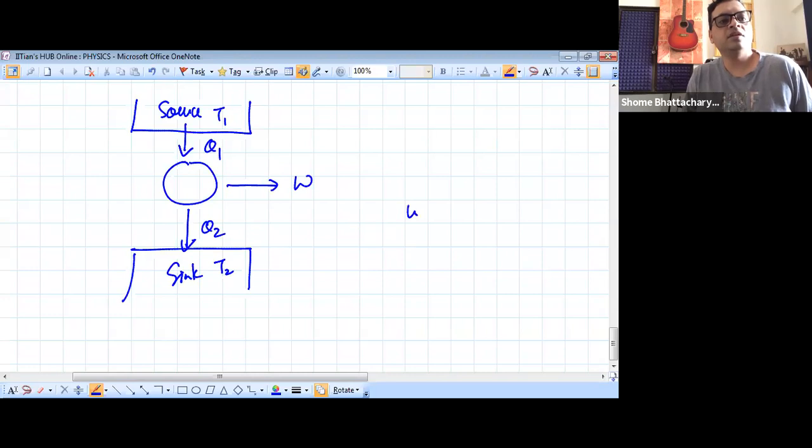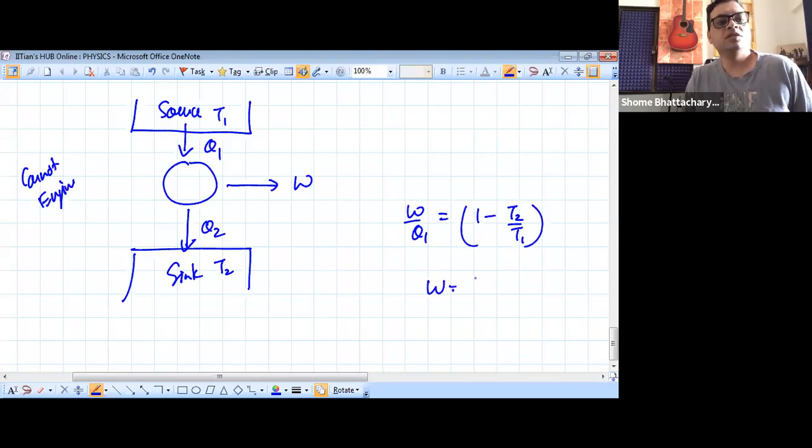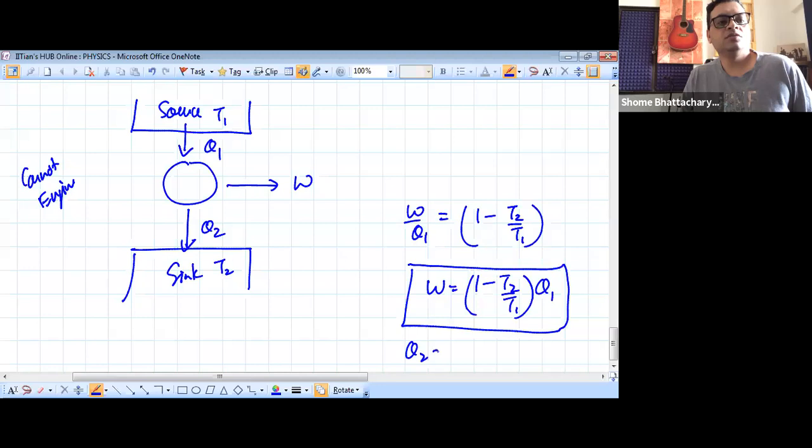So we have W by Q1 is equal to 1 minus T2 by T1. This is a Carnot engine. So you can see W is equal to Q1 times (1 minus T2 by T1), and Q2 is equal to Q1 minus W.